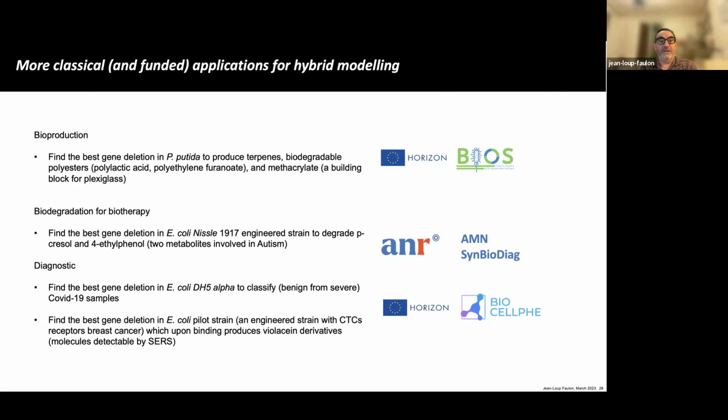Same thing, a diagnostic tool for COVID-19, like I mentioned, to classify benign from severe. And finally, gene deletions to produce a compound that is detected by a Raman spectrometer, and this is part of a European Union H2020 grant. And so I'm done.